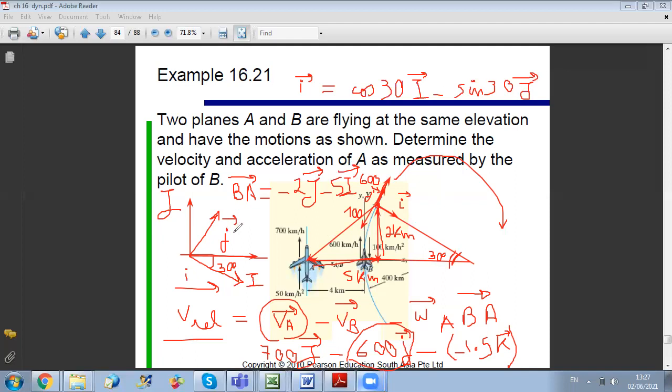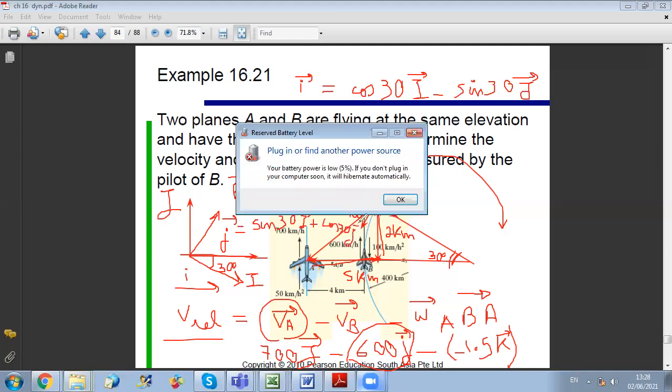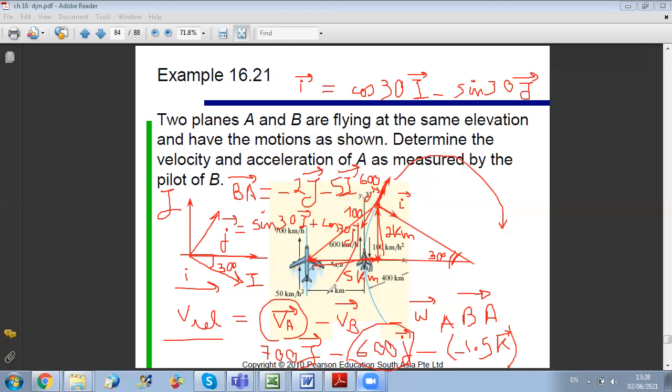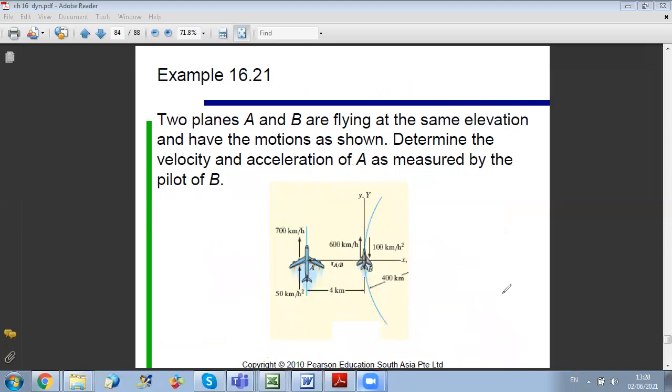So small j is equal to plus sine 30 on I and plus cosine 30 on J. Okay. And in this way, I can switch from one frame to the other in a very simple way. Okay? Any question on this? So this is chapter 16. We are done with chapter 16. We will start to do review problems together on this chapter. Okay?